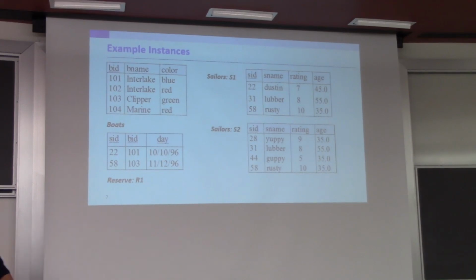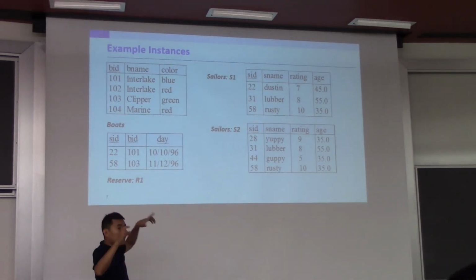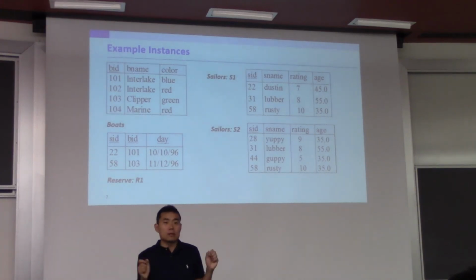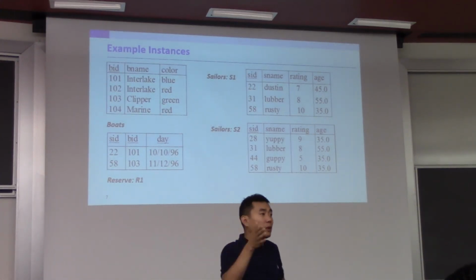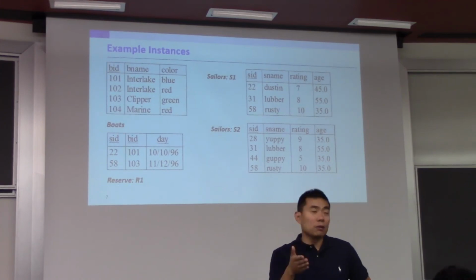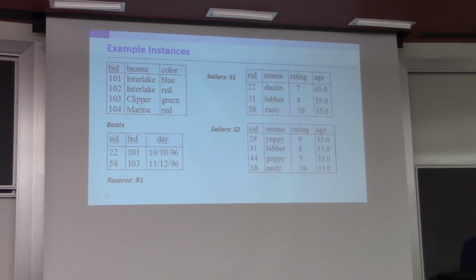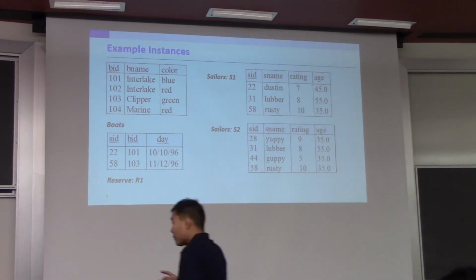One important note: if you look at the reserves table, the primary key is underlined, and the primary key for reserves is the combination of SID, boat ID, and date. What that means is the same sailor can reserve the same boat multiple times on different dates. However, the same sailor can only reserve the same boat once on a given date.